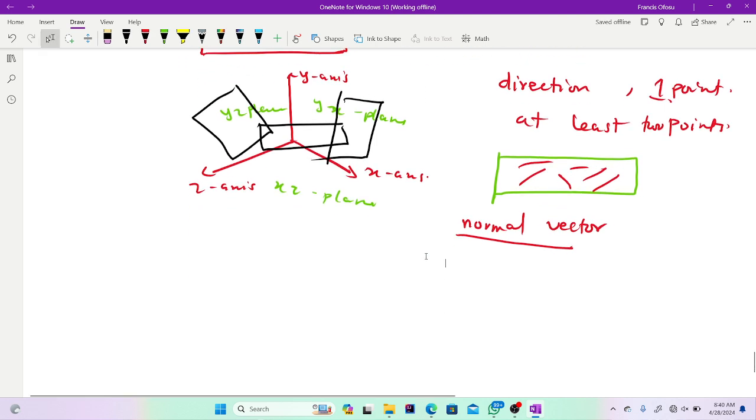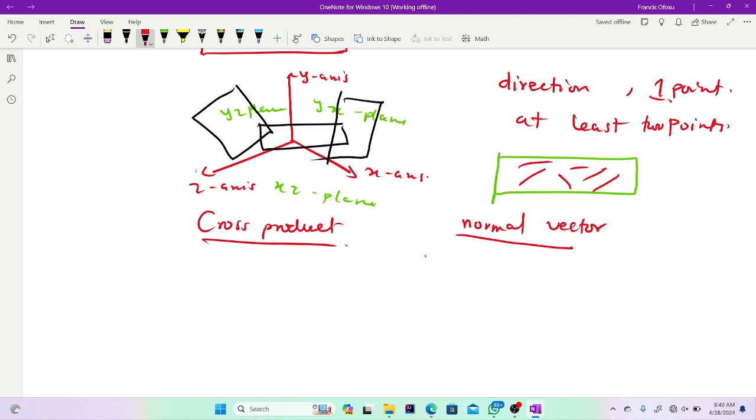So when you say cross product, it simply means that two vectors will produce a resulting vector, and that resultant vector will be orthogonal to any other point in the plane.